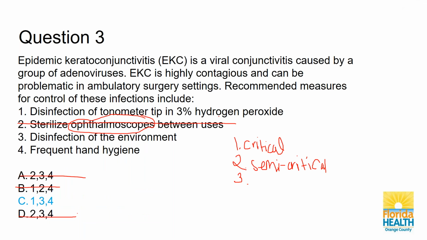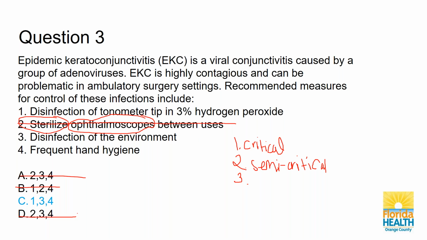I don't know everything, I am not an encyclopedia, but I would think that it's non-critical, and we know that it's not necessary to sterilize non-critical or semi-critical equipment. Your endoscopes are going to be semi-critical equipment because they come into contact with mucous membranes, so you're going to want to perform high-level disinfection.